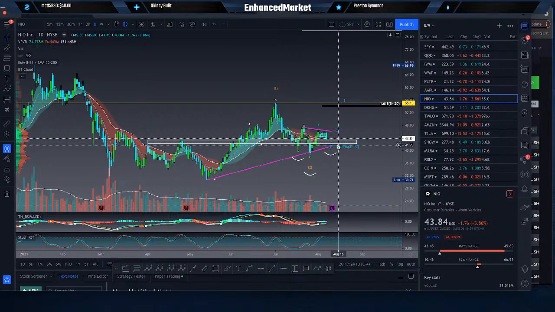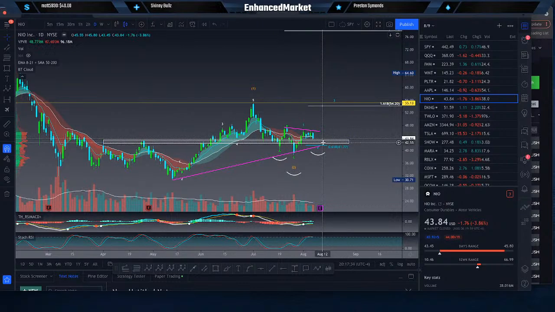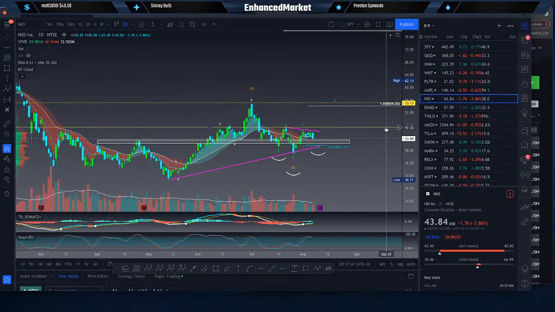So this area should be bought up as well, because it's a pretty stable support, right? We have multiple areas of confluence. So this should hold, and if it does, we should see a move back to the upside and a break over. And if we can break over that 47.38 level, I think we should test around 54, 55.